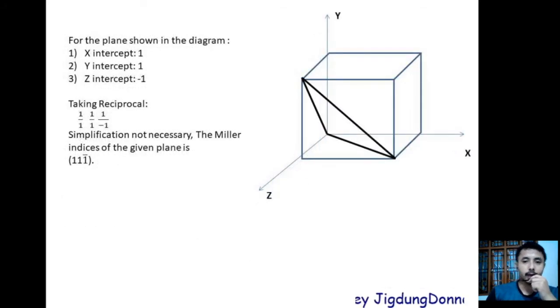In the next slide, I have given one plane. If we want to find the intercepts of this plane, we can see that the z-intercept is right now -1. If I translate the origin along the z direction, then we can see that the z-intercept is -1, the y-intercept is 1, and the x-intercept is 1.